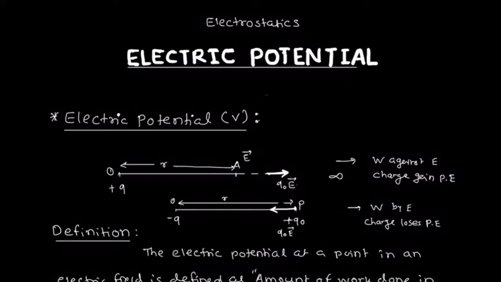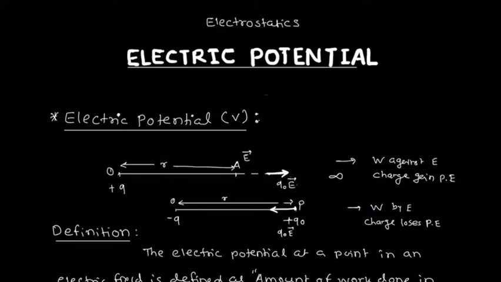That work done is against the direction of electric field. Since direction of electric field is along positive direction, and if charge is moved from infinity to a given point P, that work done is against the direction of electric field. In that case, the charge gains potential energy. The charge gains potential energy in the first case.